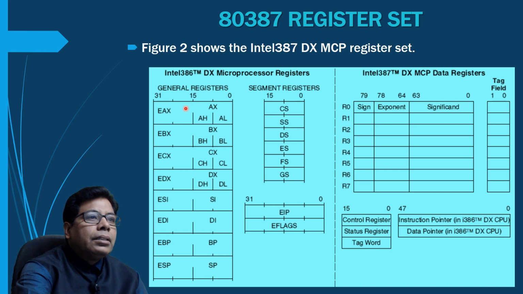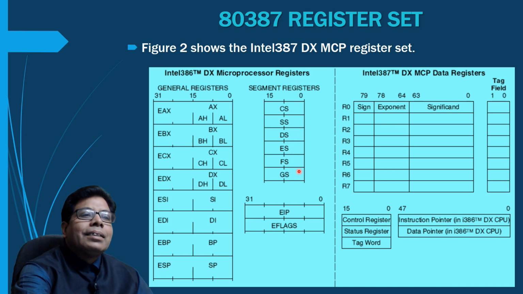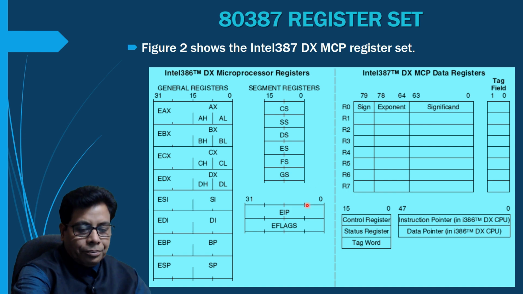Only here the registers of Intel 386 are shown, that is the extended EAX, EBX, ECX, EDX, ESI, EDI, EBP, ESP. So that is the only difference. And then EFLAGS and EIP. And in the segment registers, we have the 4 segment registers plus FS and GS, 2 more segment registers which are there in 386.